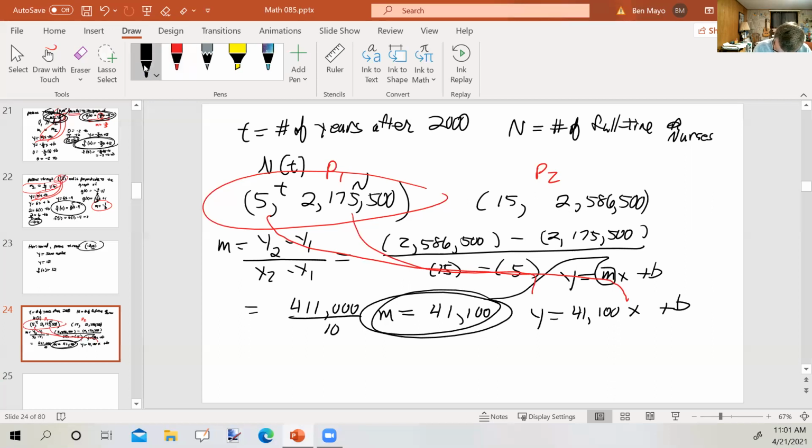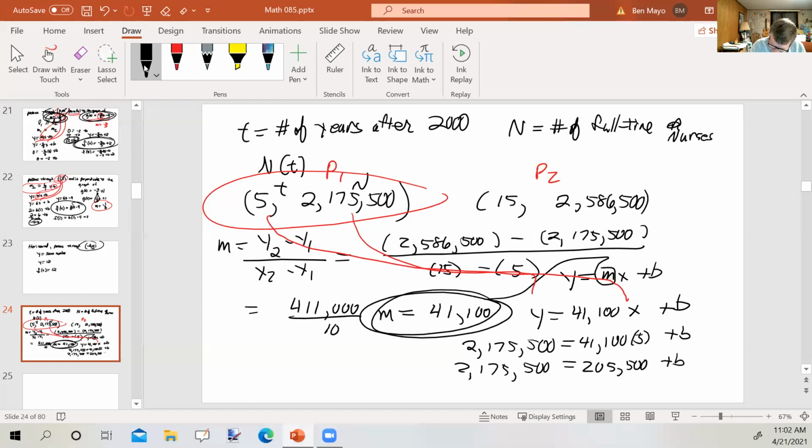So that gives me 2,175,500 equals 41,100 times 5 plus b. Now we take 41,100 times 5, and we get 205,500 plus b.